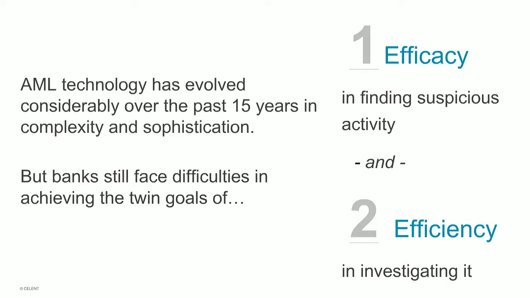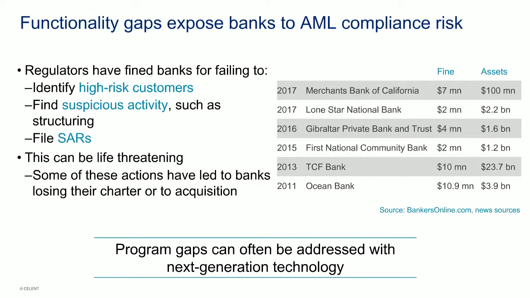But nevertheless, banks are still facing difficulties in achieving, one, efficacy, for example, in finding suspicious activity and actually having insights that lead to action, and two, efficiency, so being able to investigate alerts and not being overwhelmed with false positives is a major issue there.